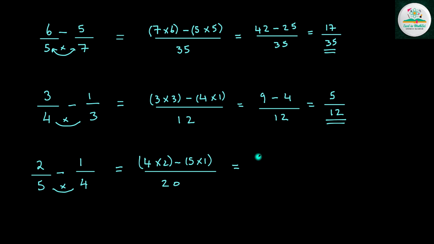So 4 times 2 is 8, minus 5 times 1, which is 5, and that's divided by 20. 8 subtract 5 will give me 3 over 20. So that would be my final answer.